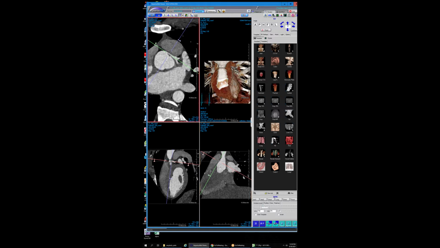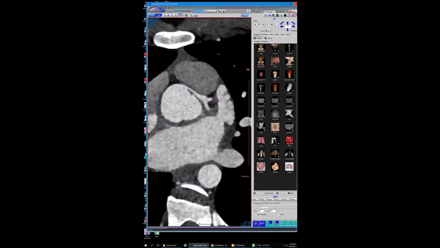But the other nice thing is you can really see, let me try to show it here. We know the vessel should be surrounded by fat, the coronary arteries, and you can really see that in between what is the abnormal ostium, which is dysplastic, there's all this soft tissue along the proximal left main, and that's all its intramural portion.